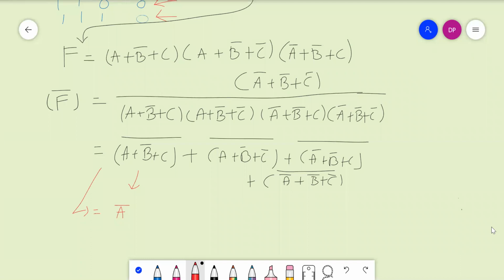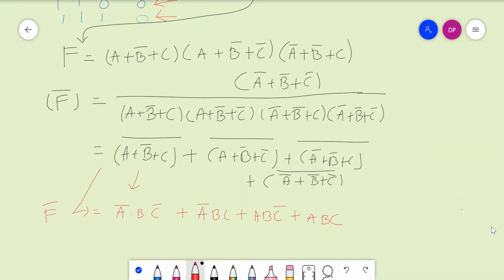The formula is A bar dot B bar, right? Yes. B complement is B, C complement is C. So A complement plus dot B dot C plus A dot B dot C complement plus A dot B dot C. Right, so this is F complement.